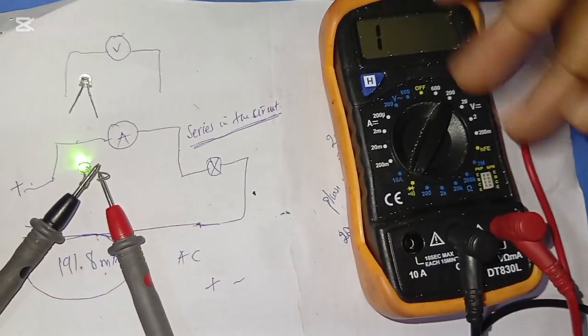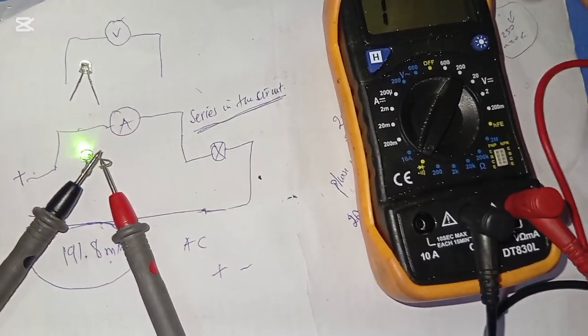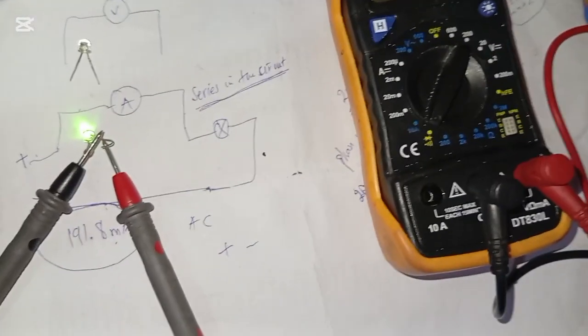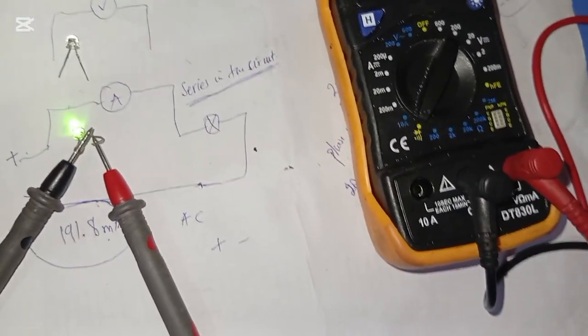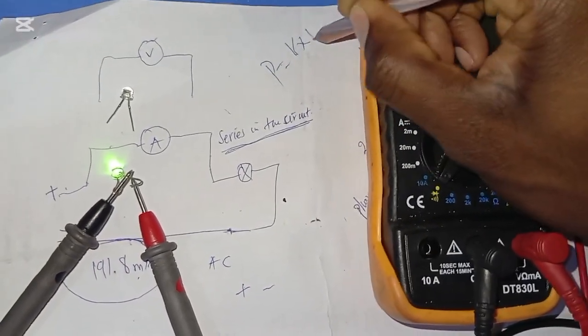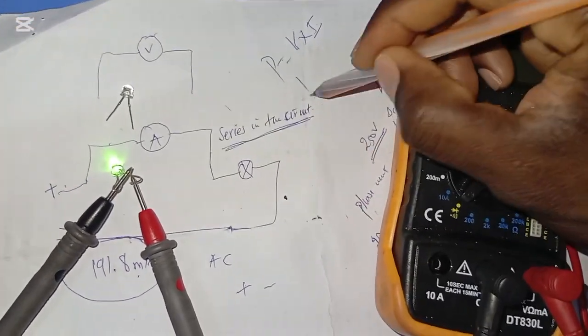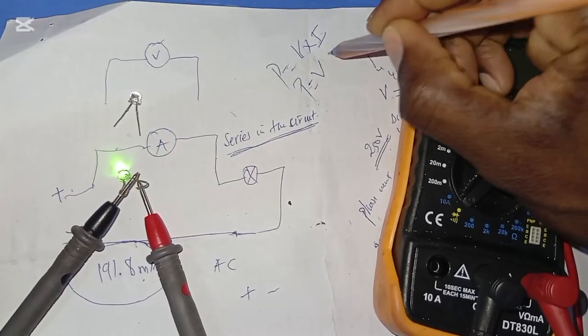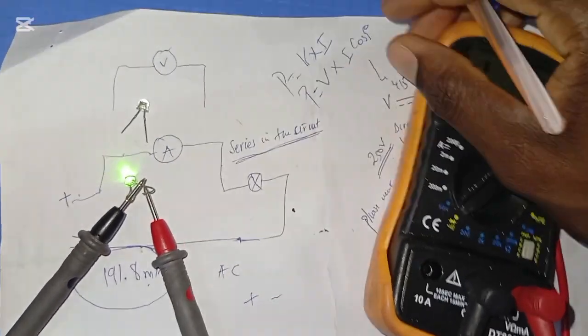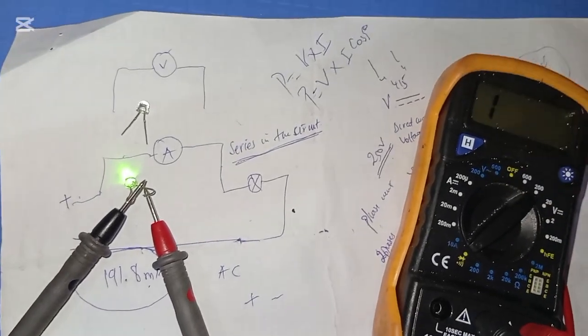In a digital meter like this, a multimeter like this, there is no place to measure power, but in DC you can easily calculate power is equal to voltage times current. But in AC it is very complex, whereby power involves cos phi.